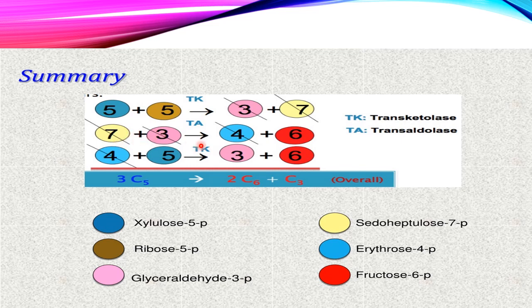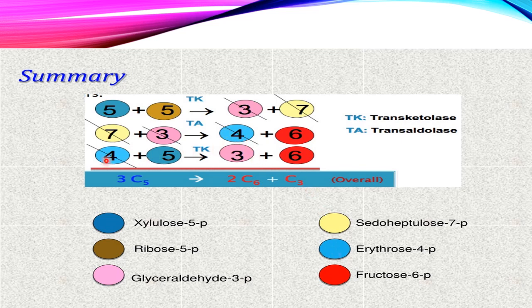Therefore, 7 minus 3 is a 4 carbon compound, and 3 plus 3 is a 6 carbon compound. This 6 carbon compound is nothing but our fructose, which will go into glycolysis. It is entering into the glycolysis from here. Now, our remaining compound is a 4 carbon compound, that is nothing but our erythrose.